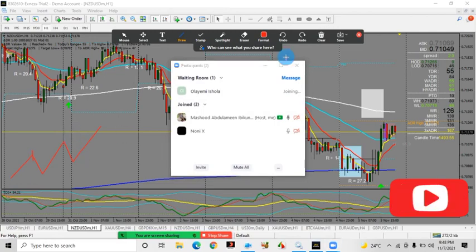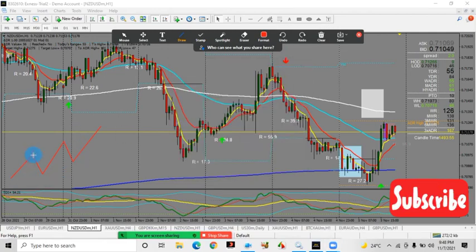This is the retracement, this is the expansion. The last green candle at the top of this expansion is what we'll mark out.